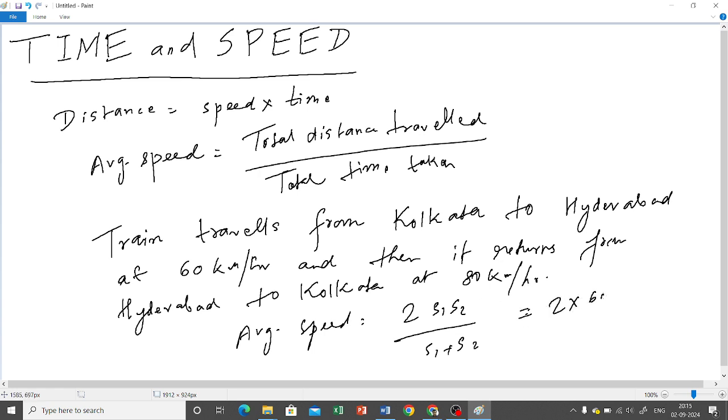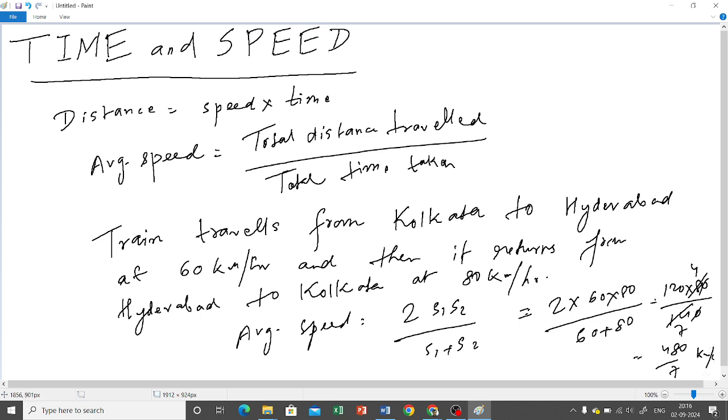So 2 into 60 into 80 divided by 60 plus 80. 2 4s are 8, 2 7s are 14, and then whatever comes. 480 by 7, whatever is the answer, kilometer per hour.